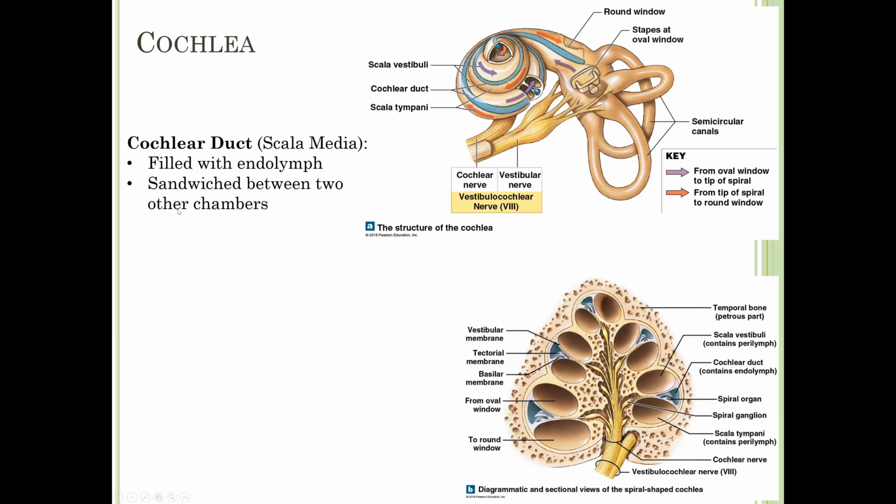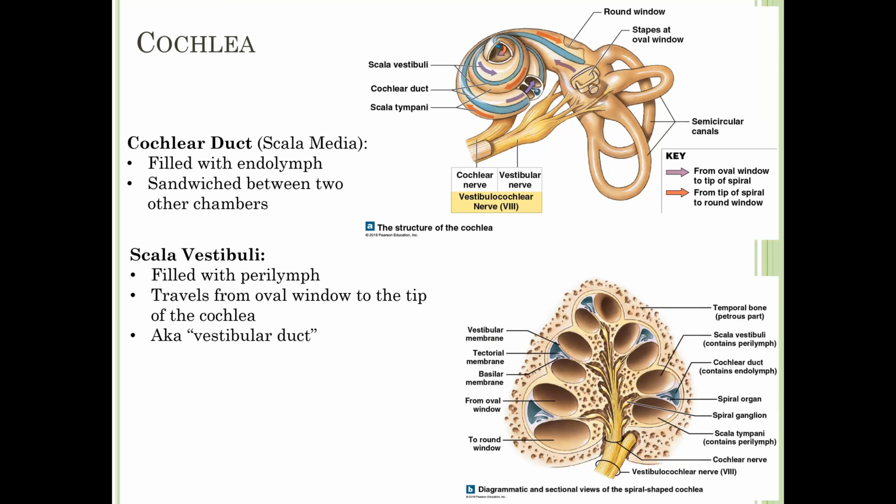And it is actually sandwiched between two other chambers. Because, remember, we have the bony part on the outside, and then the cochlea is on the inside of the membranous part, we still have fluid that is between the bony wall and that cochlear duct. So this fluid is divided into two separate compartments or chambers.